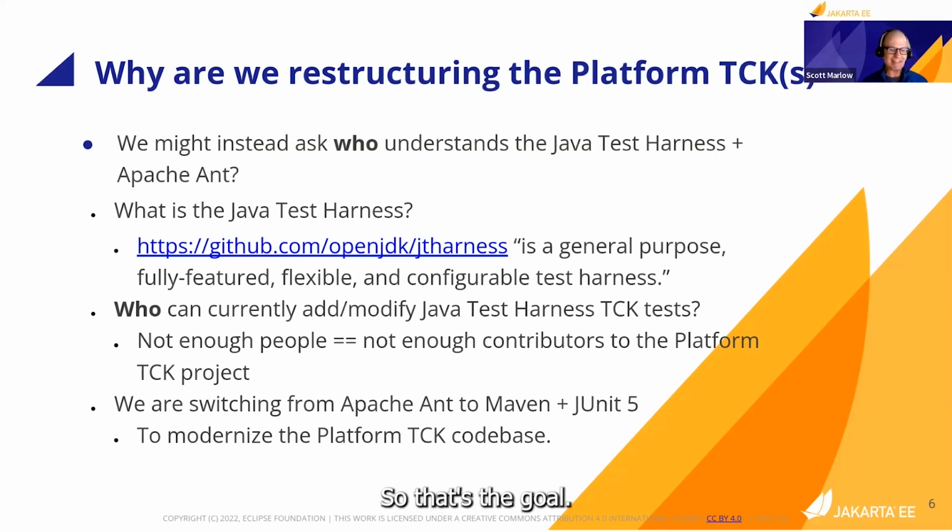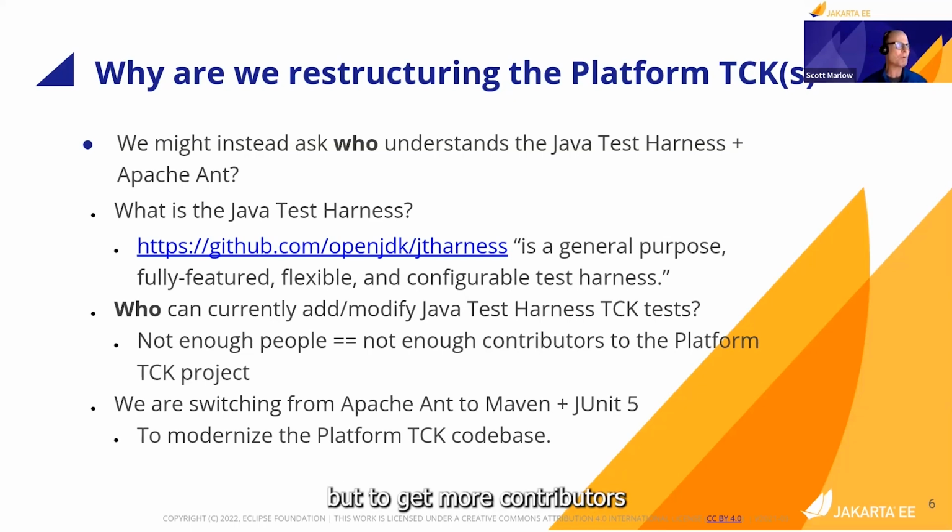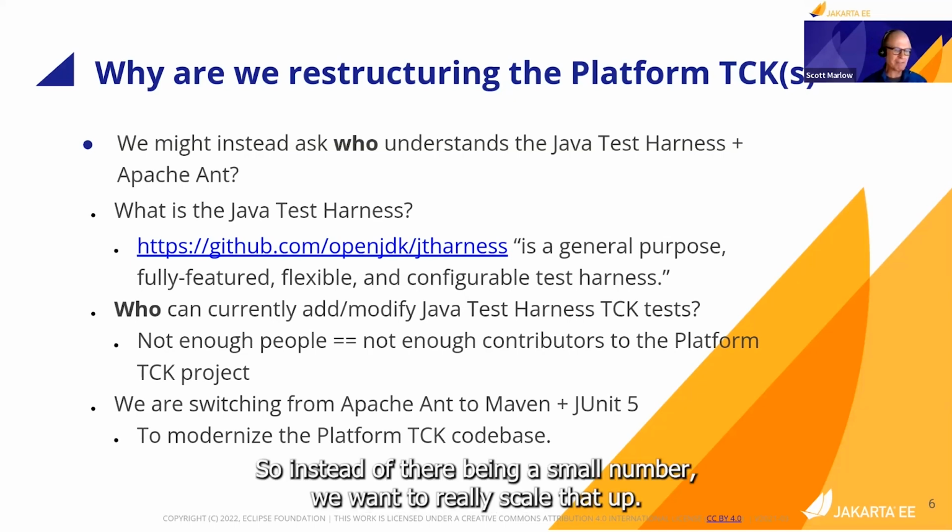So yeah, that's the goal. The goal is to make it possible to not only modernize the TCK test code base, but to get more contributors adding and modifying TCK tests. So instead of there being a small number, we want to really scale that up.